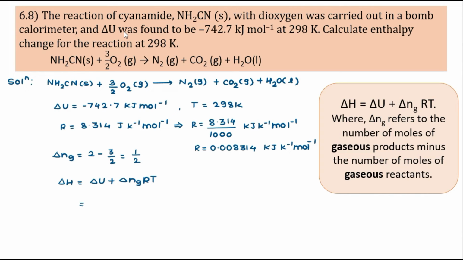Therefore, delta H is equal to delta U, which is minus 742.7, plus, in brackets, delta n_g equal to half, into 0.008314, into temperature, which is 298 Kelvin, so into 298.